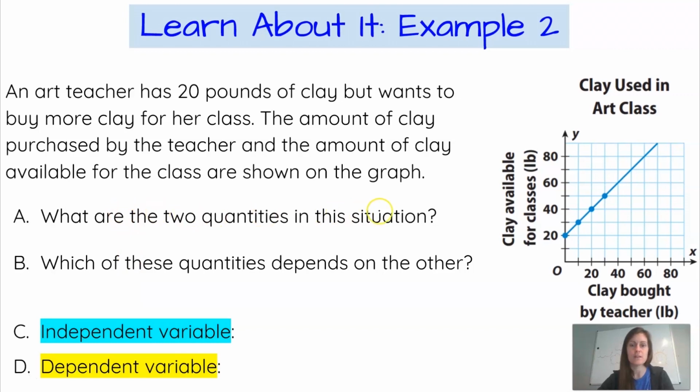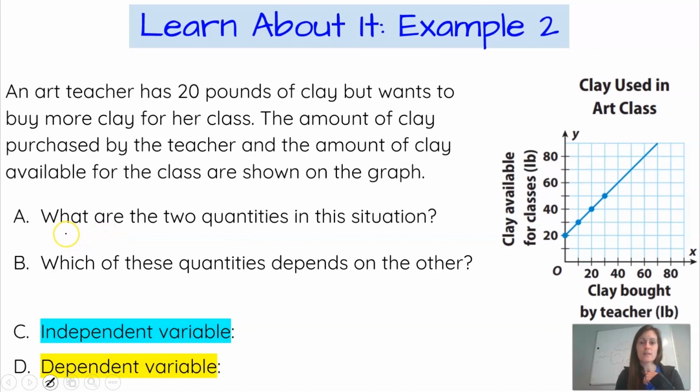What are the two quantities in this situation? Which of these quantities depends on the other? The independent variable and the dependent variable. So the two quantities in this situation, I can get that from either going back and looking at the word problem, or I can look at the graph that is represented and the two quantities on the x-axis and the y-axis.